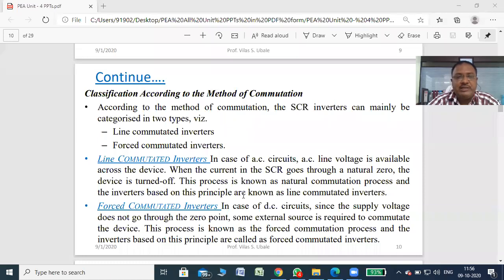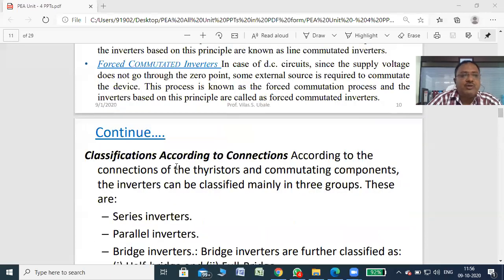But in case of DC, since the supply voltage does not go through zero, it is a constant DC. Some external source is required to commutate the device. This process is known as force commutation, and the inverter based on this principle is called a force commutated inverter. Okay, so these are the types of inverters.